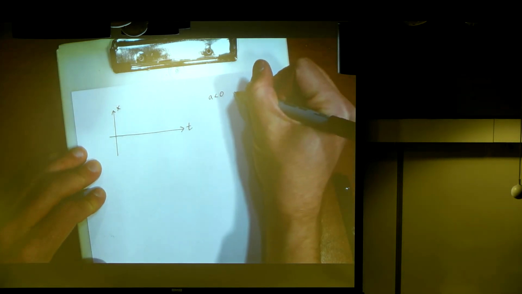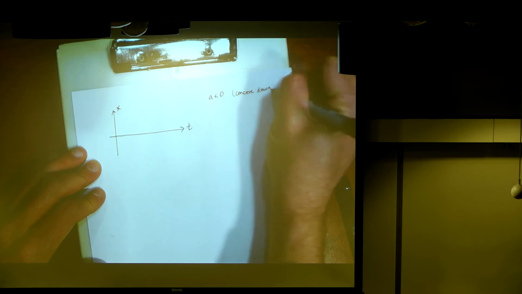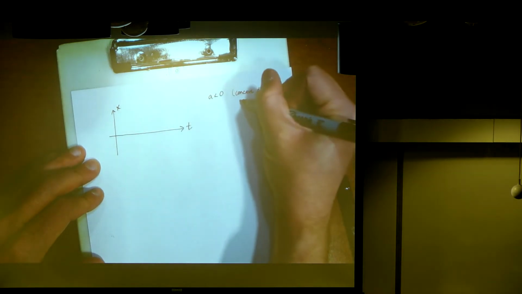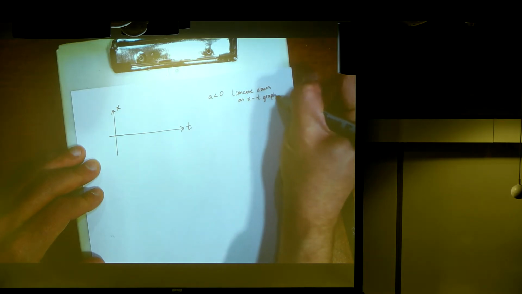So remember, acceleration has to do with the curvature of this graph, right? Because we're doing position versus time. Acceleration has to do with the curvature. What kind of curvature do we have? Concave down. Negative acceleration means you're concave down on an xt graph. That's what it means.